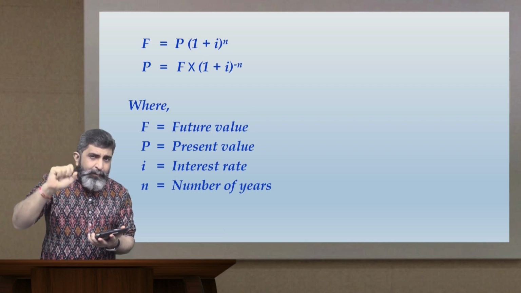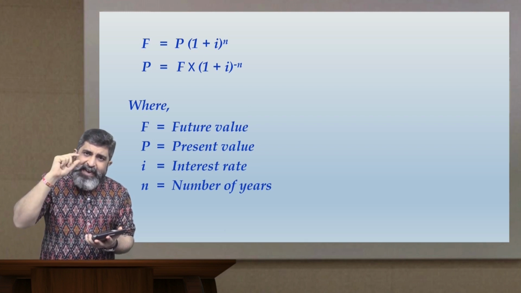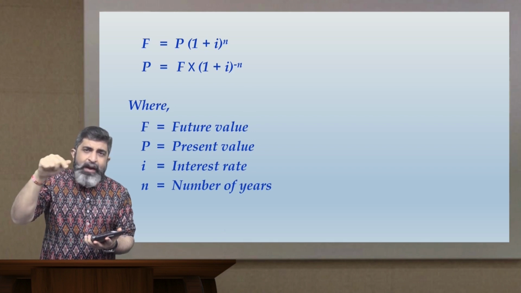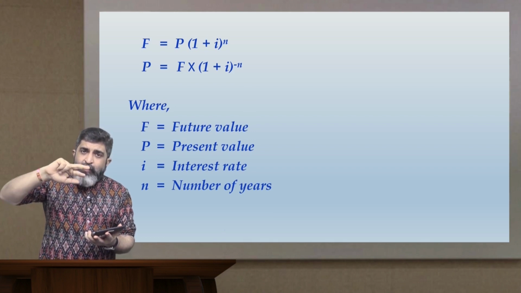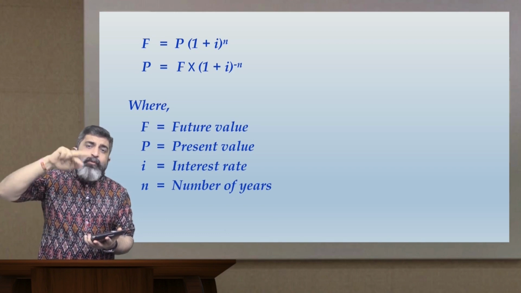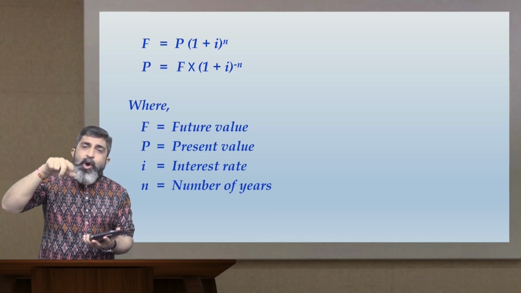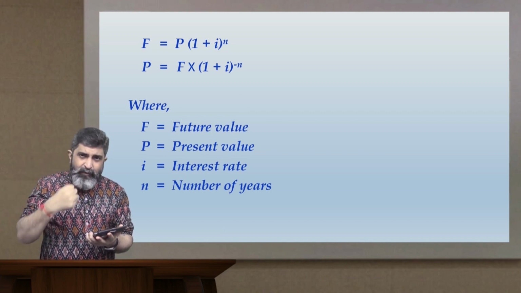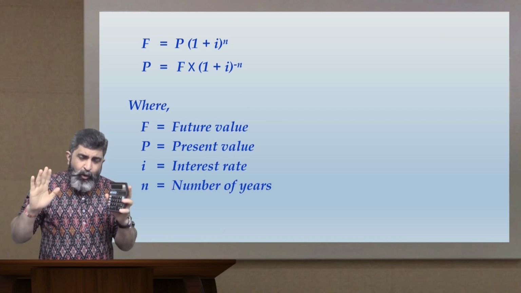That means it is 10%, and 10% in absolute terms will be expressed as 0.1. So 1 plus 0.1 will give you 1.1. So I don't have to take 1.1 directly. I will have to take 1 upon 1.1 because it is 1.1 raised to minus 3, because it is 3 years involved.